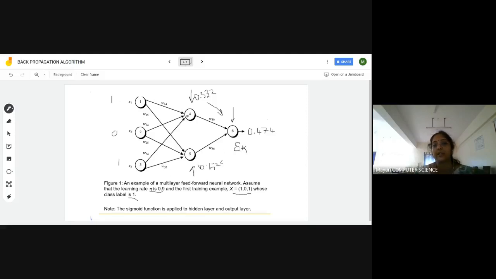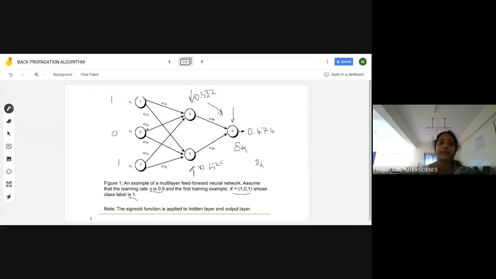Error at hidden, I have to calculate two errors, one at 4, one at 5, because both are hidden layer units. So I have to calculate Del H. There are two separate formulas: one Del K, two Del H. I have to calculate with the error. Again, I will update all these weights. What are the weights I have to update?